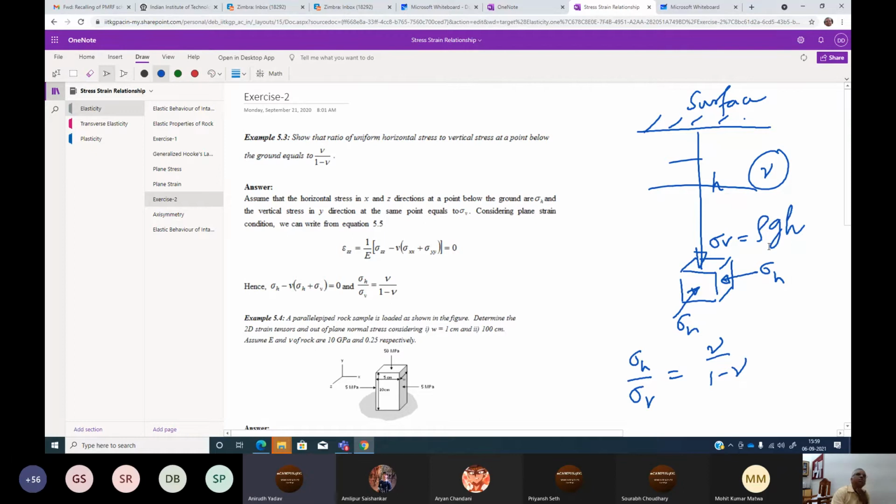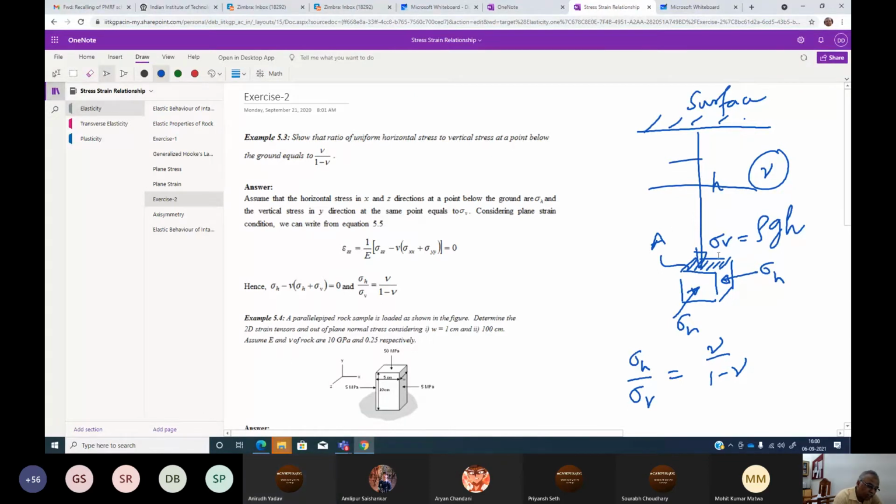Like in class 12, we can assume a volume up to where we want to take the pressure. Rho into volume will be the mass, and the force will be m g h by A, which gives us rho g h.